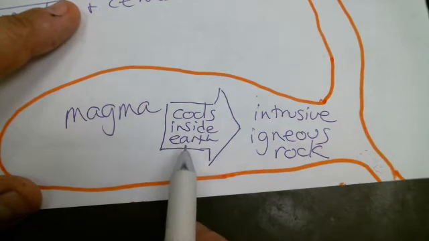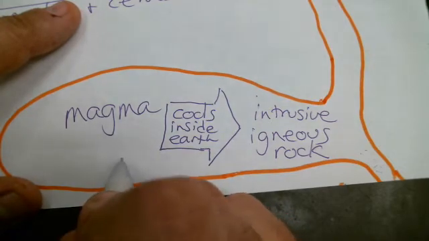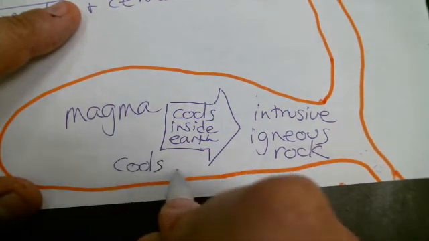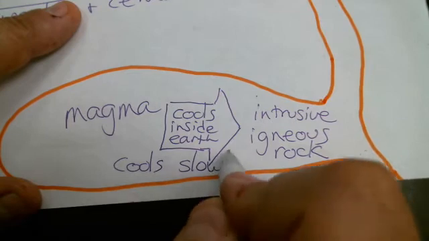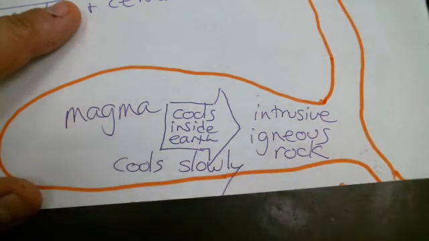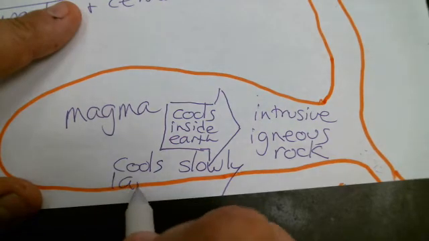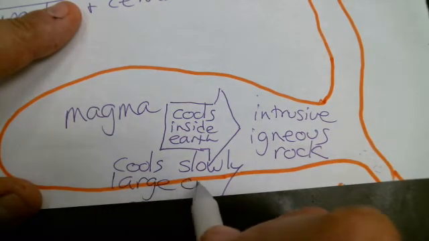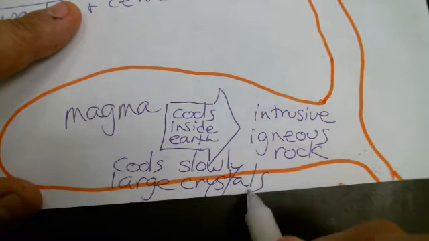Now, since this is deep inside the Earth, it takes a long time for it to cool down. So underneath here, please put cools slowly. And that makes large crystals.